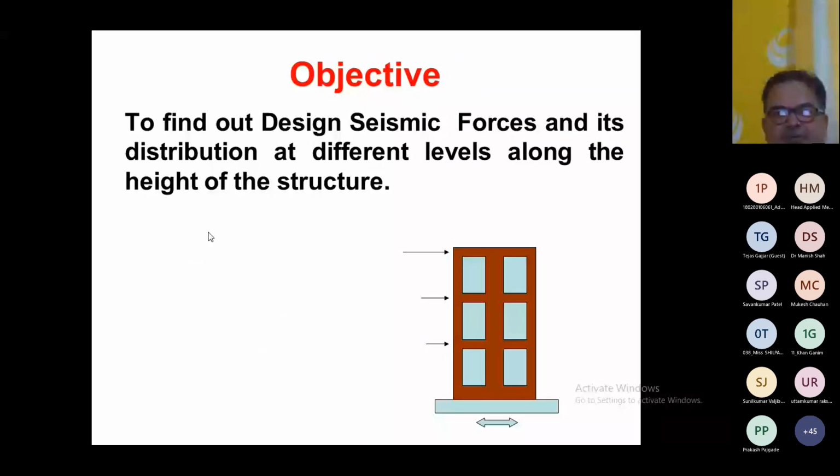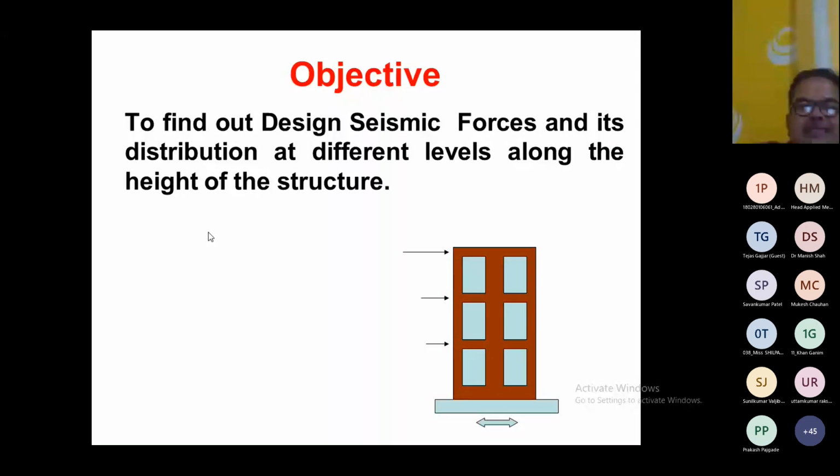And it's defined. Now, what is the objective? The objective is to find out the design seismic force and its distribution at different levels along the height of the structure. Because you see, our building may be a single story, it may be a 3-story, it may be a 10-story, it may be a 20-story, right? It depends.